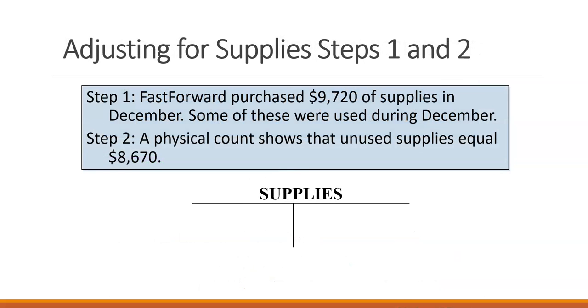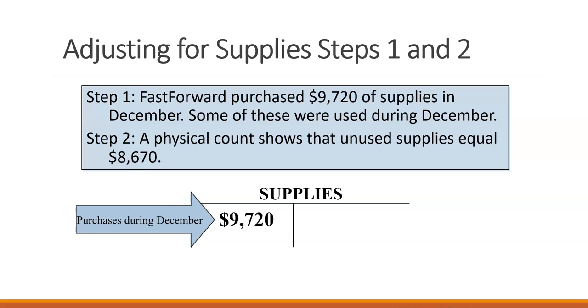Next, we're going to look at adjusting entries for supplies. We have information that we purchased $9,720 of supplies during the month of December. On December 31st, we looked at our supply cabinet and realized that what we have on hand now is equal to $8,670 worth of supplies. So we need to adjust the amount in our supplies account to show what we have used during the month of December.